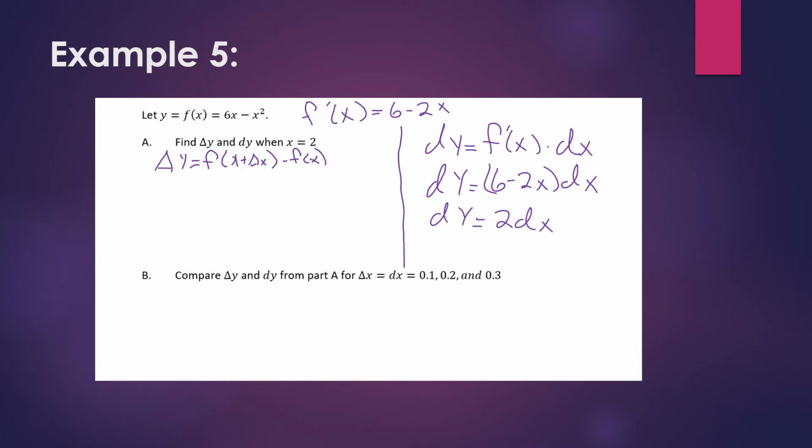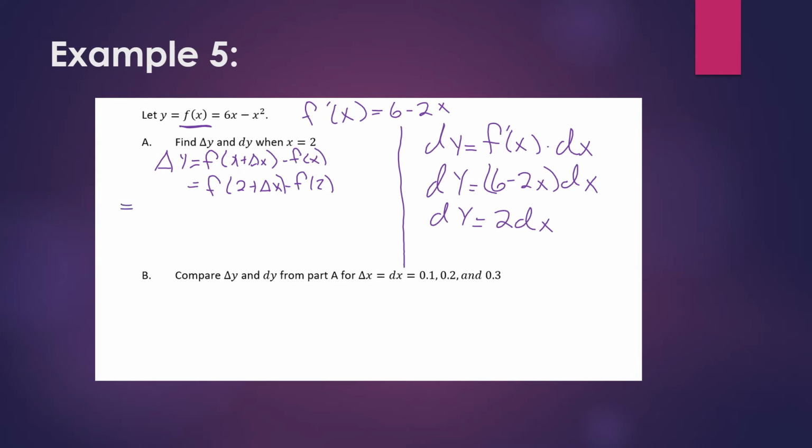So let's go look at our delta y. So I can plug in 2, just like I did on the other side. I'm going to get f of 2 plus delta x minus f of 2. But now for f of 2 plus delta x, I'm going to have to plug into f of x, and wherever I see an x, I'm going to replace it with 2 plus delta x.